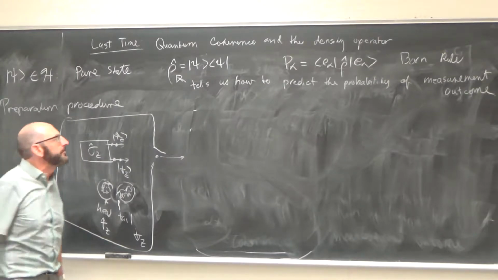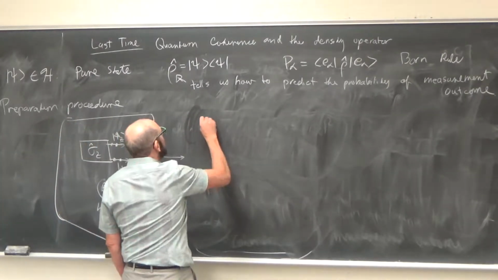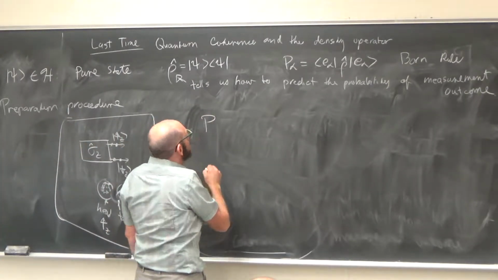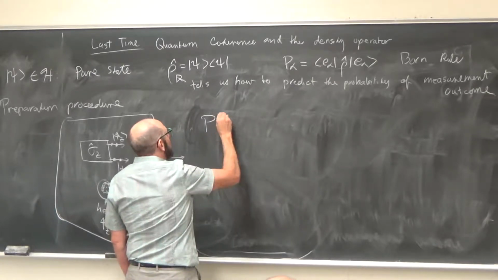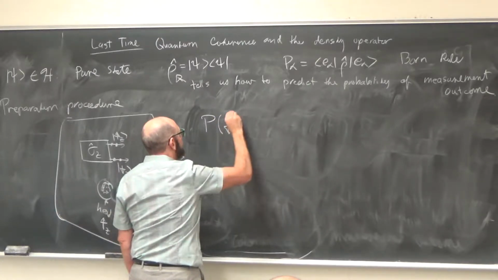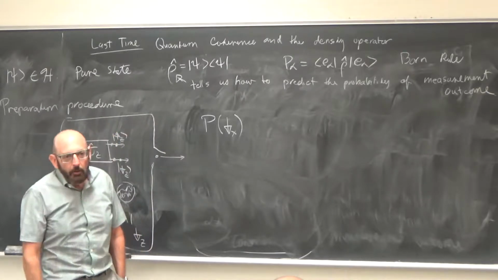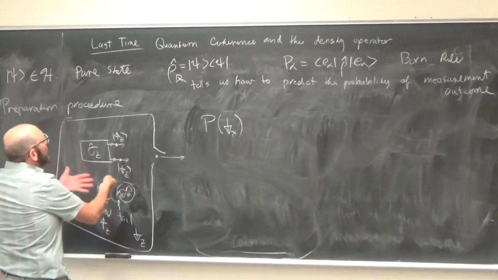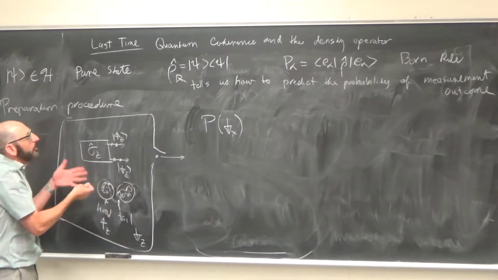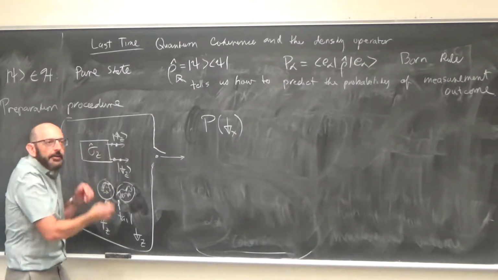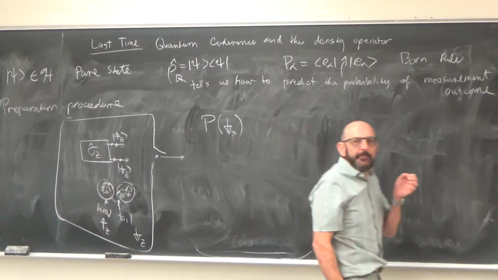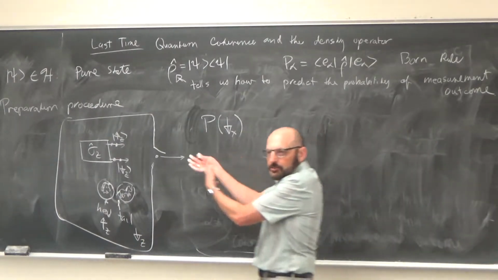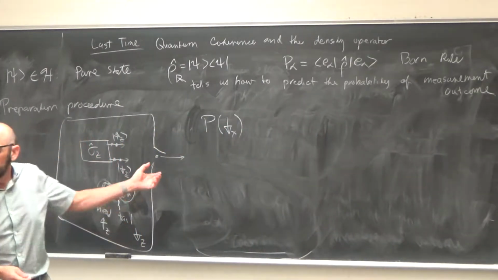Well, I can ask, for example, what is the probability of, say, finding spin down along X? Well, how would I do that? In this case, I work with Alice over here, she's the preparer, and I know what she's doing, and we agreed you're going to do this.